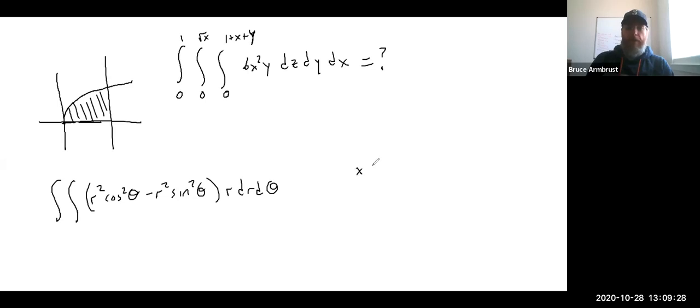But now we need the region. So we had x squared plus y squared less than or equal to 4x. We need to see what that region looks like. So what I would do is actually do this as an equation and see what that gives us. Turns out that this is a circle. It's x minus 2 squared plus y squared is equal to 4.